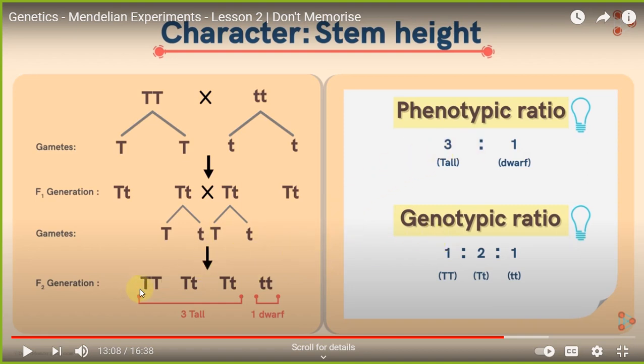Pag concerned siya sa alleles or genes, it's either uppercase or lowercase, tinatawag siyang genotypic ratio. In this case, 1:2:1 because 1 homozygous dominant, 2 heterozygous, and 1 homozygous recessive. I hope you got that. Okay po, so let's continue.